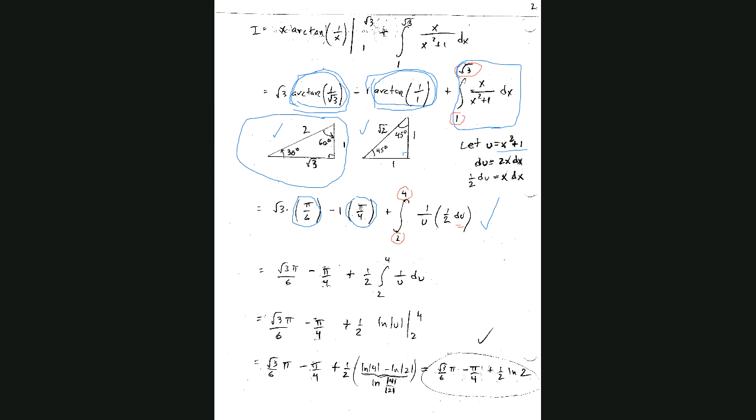The antiderivative of 1 over u, we factor the 1/2 out in front of the integral, and the antiderivative of 1 over u is the log of the absolute value of u. Let me give you a moment to catch up on that.